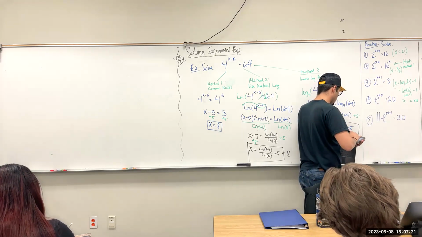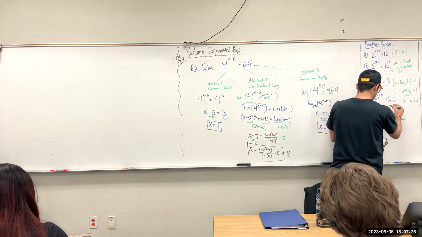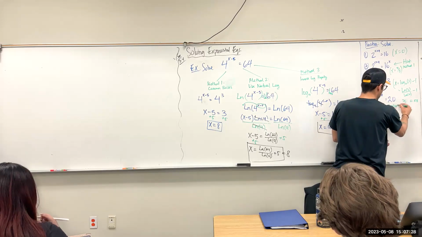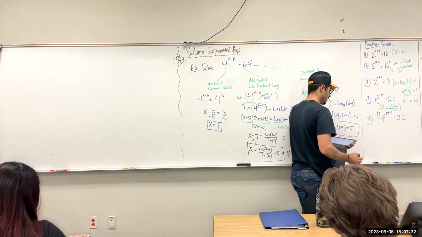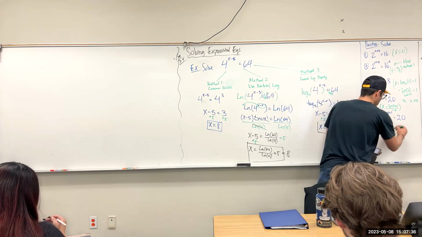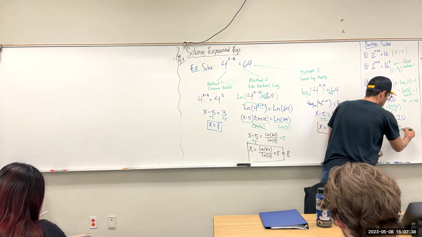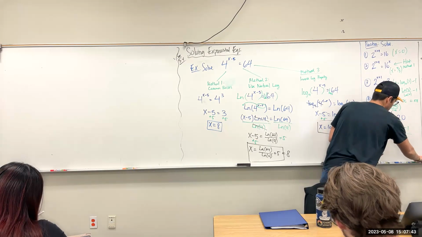And then for 4, it's x equals ln of 20 over negative 4. And then this last one is ln of 20/11 minus 1 over 2.